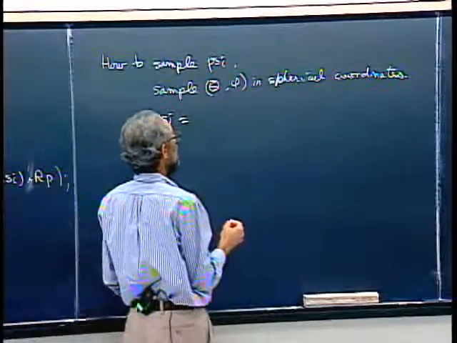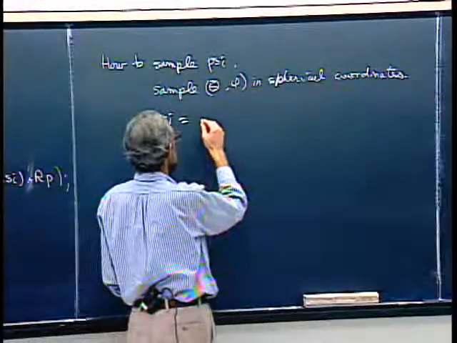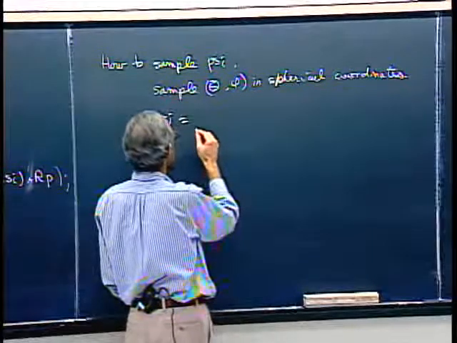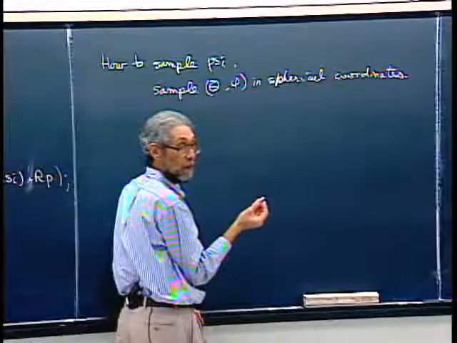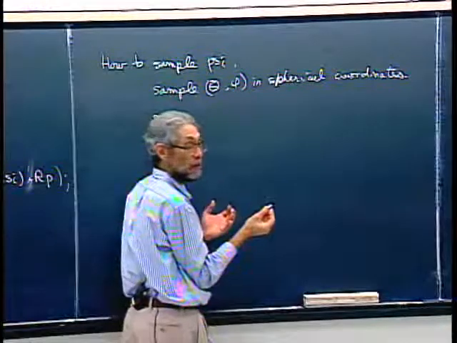Okay, so what I need to do is tell you the three coordinates in the u, v, and n coordinate system. Those are like the x, y, z coordinate system.